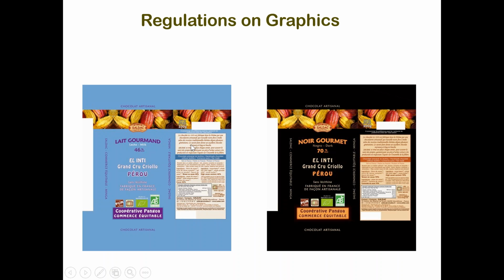And this is how some enterprises send us labels or packaging prior to approval. They send this file. We make their revision and approval.